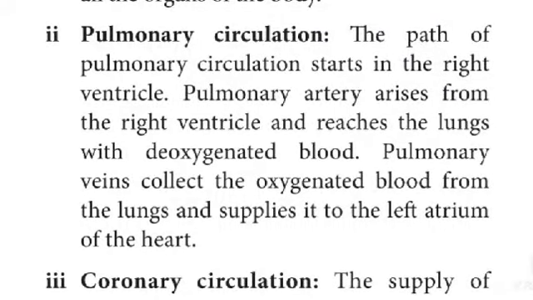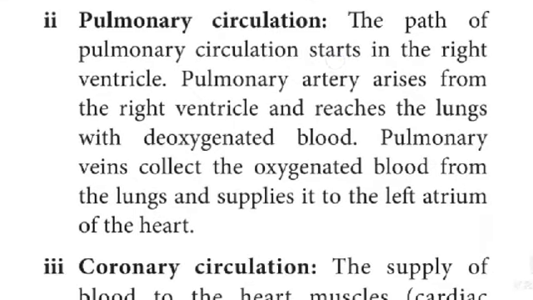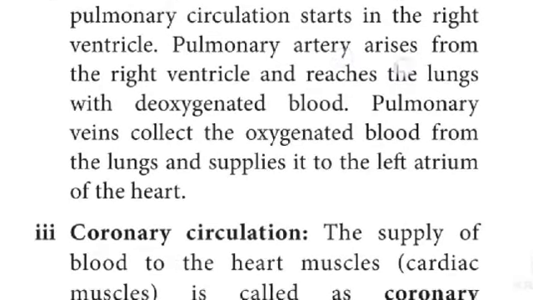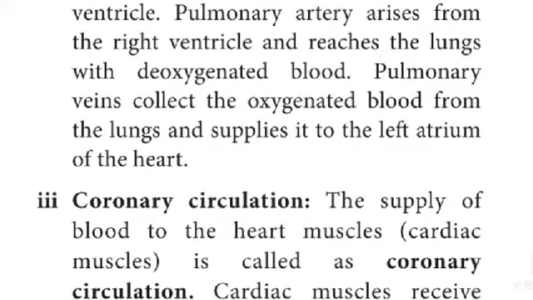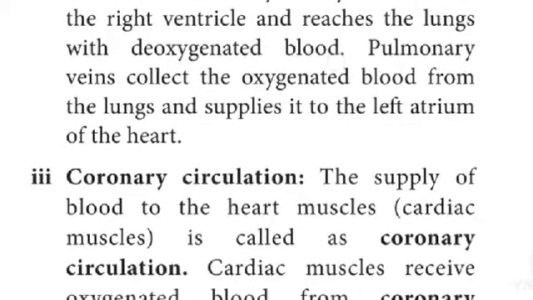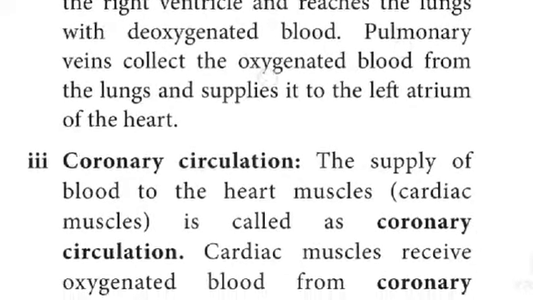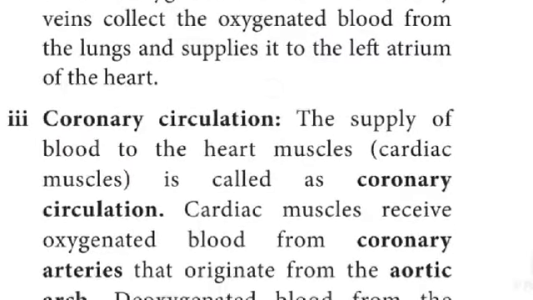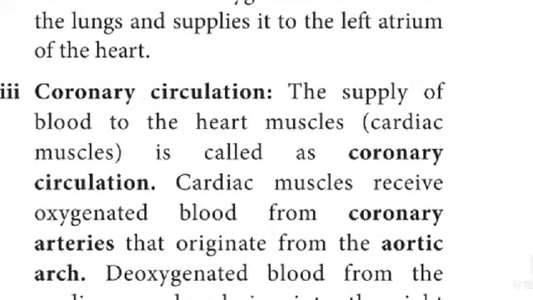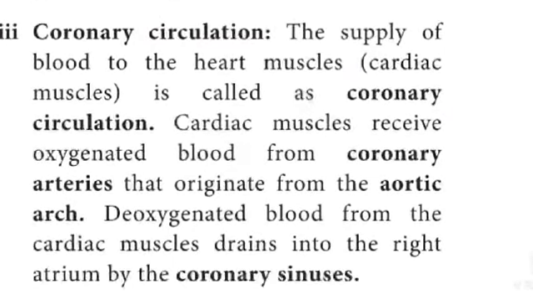Pulmonary circulation. The path of pulmonary circulation starts in the right ventricle. Pulmonary arteries arise from the right ventricle and reach the lungs with deoxygenated blood. Pulmonary veins collect the oxygenated blood from the lungs and supply it to the left atrium of the heart. Coronary circulation.